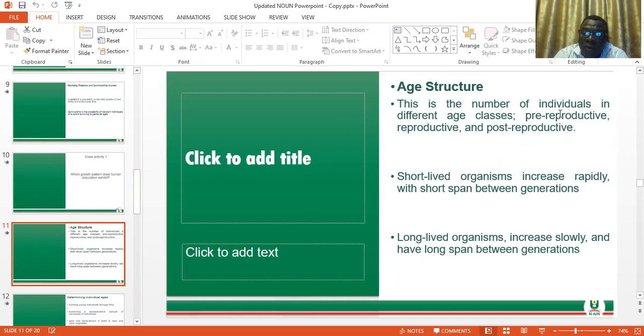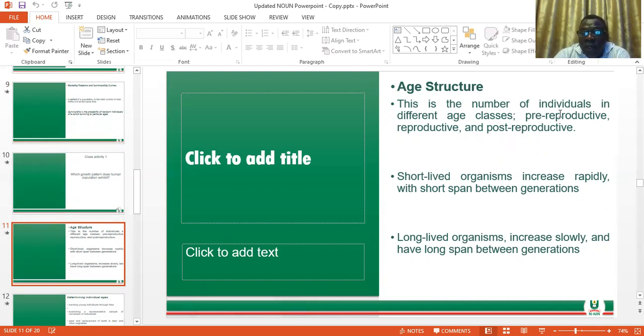A population that is declining means that they have more of post-reproductive. A population that is stable has almost the same size of pre-reproductive and reproductive, and a population that is increasing has more of the pre-reproductive age group.